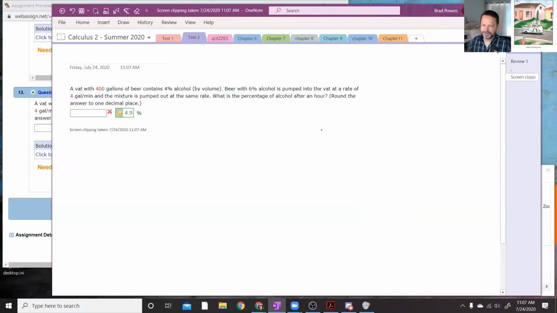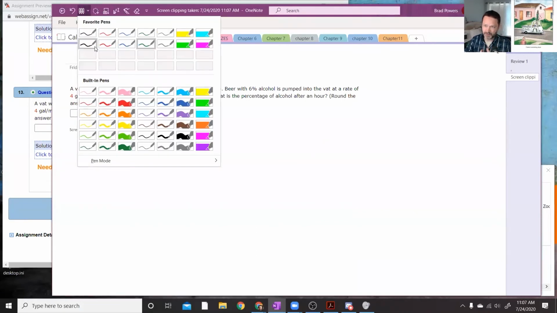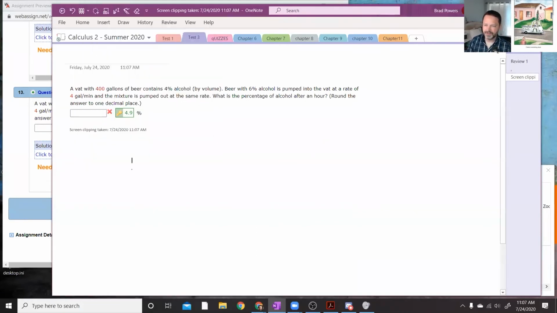And we'll just set it up. Or we could solve it too, if you guys want to see more integral magic. So, here we go. We got a vat. The usual. We're putting something in. First off, we have 400 gallons. We got 4% alcohol. Beer with 6% alcohol is pumped in.